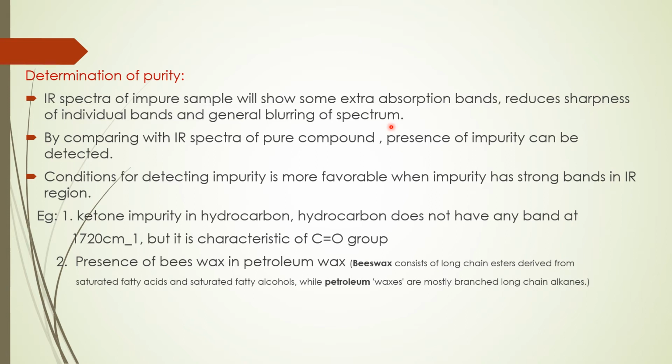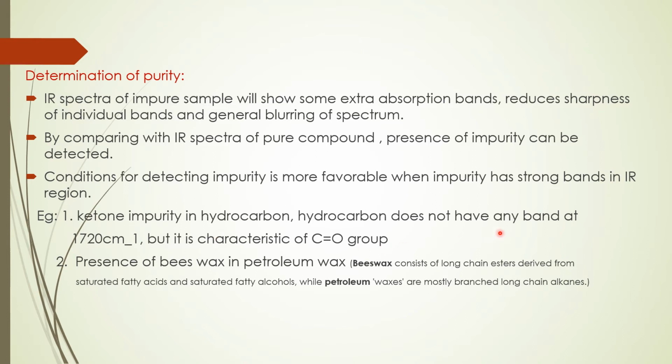So by comparing the IR spectra of the pure compound and impure compound, you can detect the impurity of the compound. Conditions for detecting impurity are more favorable when the impurity has a strong band in the IR region. For example, ketone impurity in hydrocarbon.